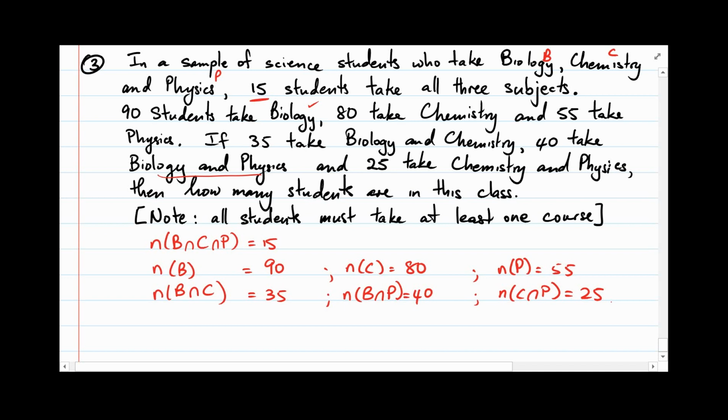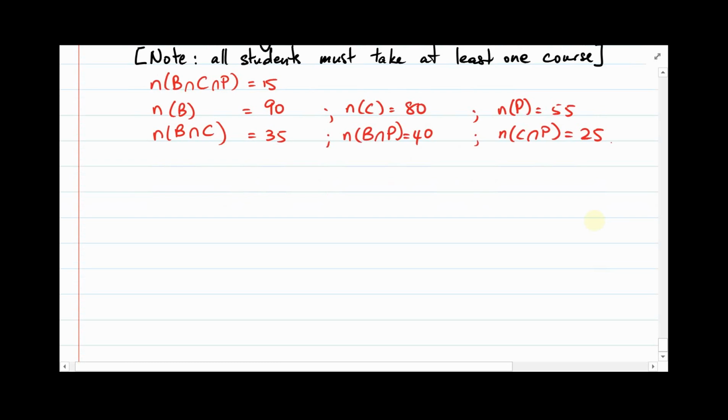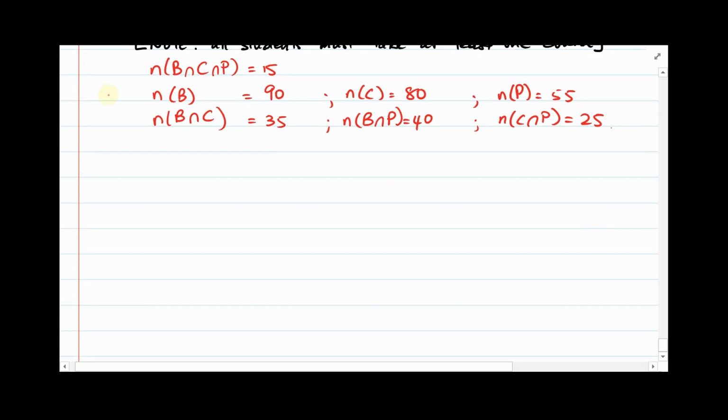You might notice that I've put things in a certain way. That is, I've tried to put all those items that have one set together, while those with two sets I've put in another line, and so on, with 3 sets, etc. So it's a little bit of organization, if you wish.